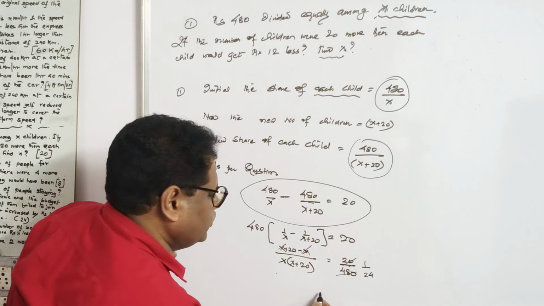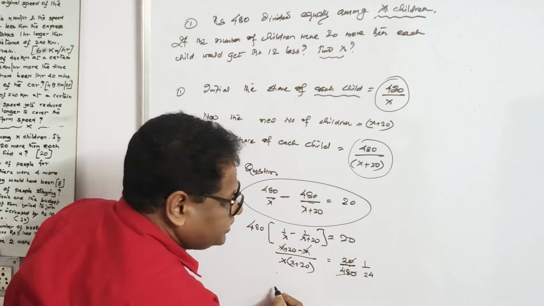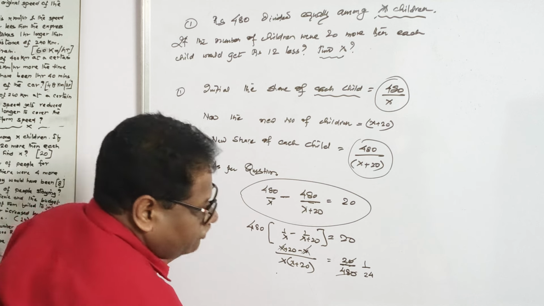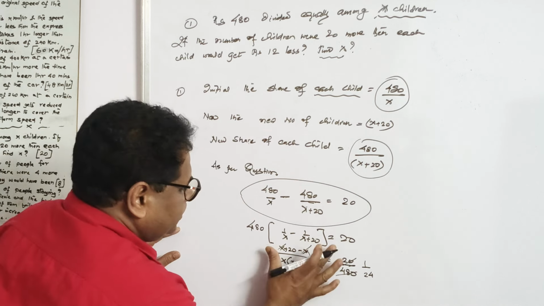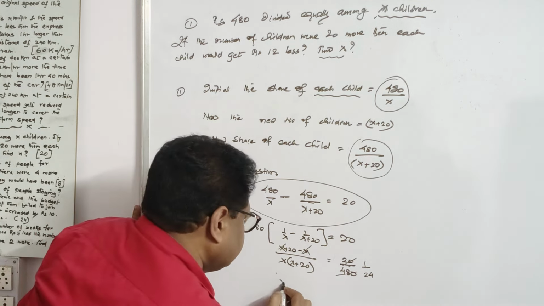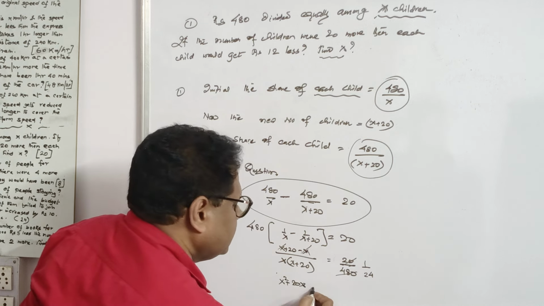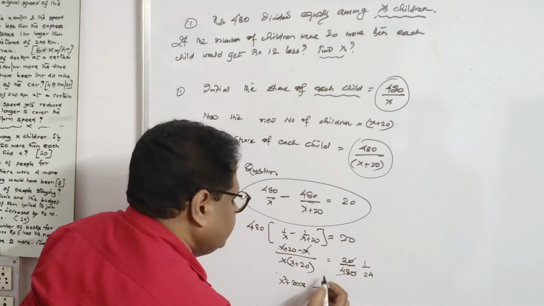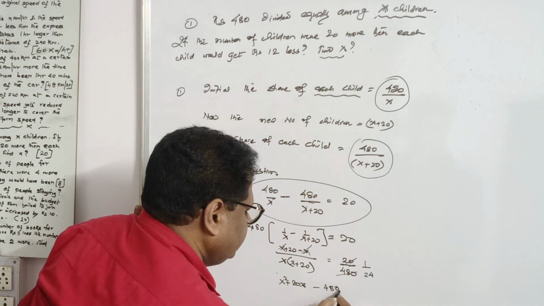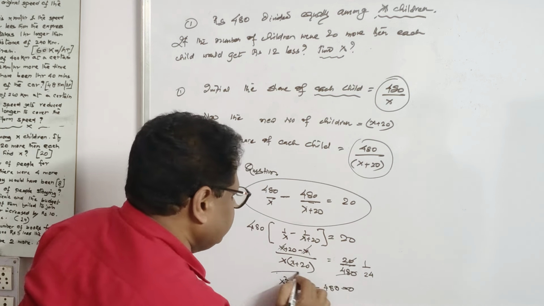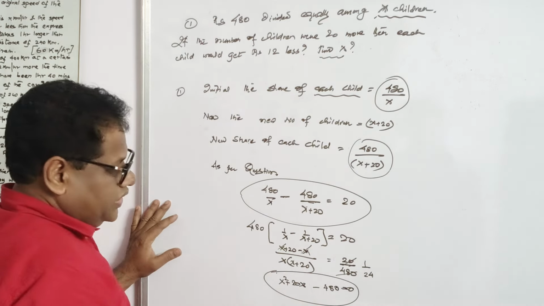It is coming 24. Upon cross multiplication, the equation reduces to x square plus 20x minus 24 into 480 equals 0. After this you can solve the equation. Clear?